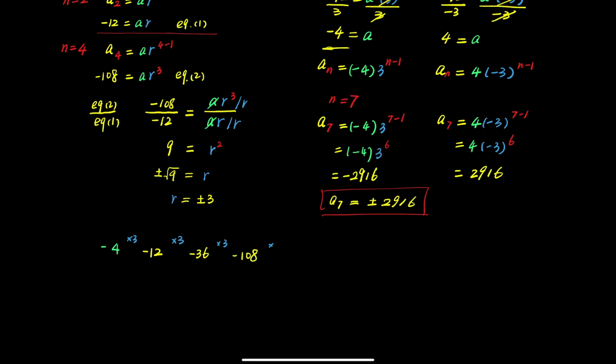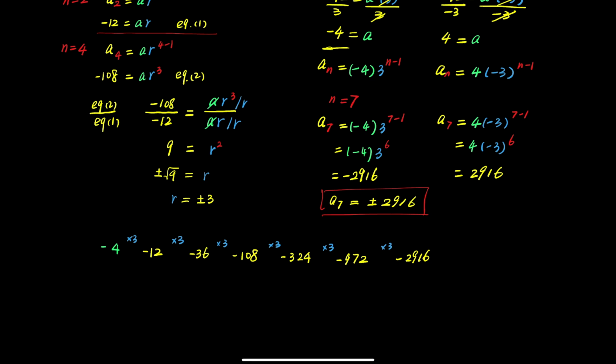The fifth term will be negative 324. The sixth term will be negative 972. And the seventh term will be negative 2916. And you can see that all terms have negative values.